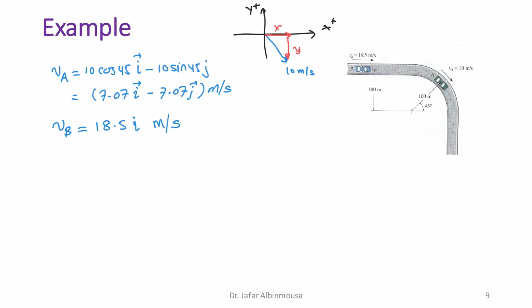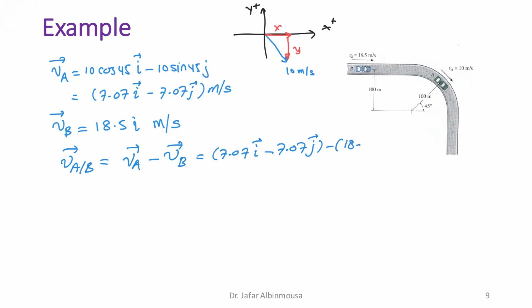Now to calculate the relative velocity requested, v_A with respect to B, this is basically equal to v_A minus v_B. By the way, sorry, I forgot to write down the arrows over v_A and v_B because they are vectors. So this equals 7.07 i minus 7.07 j minus 18.5 i.